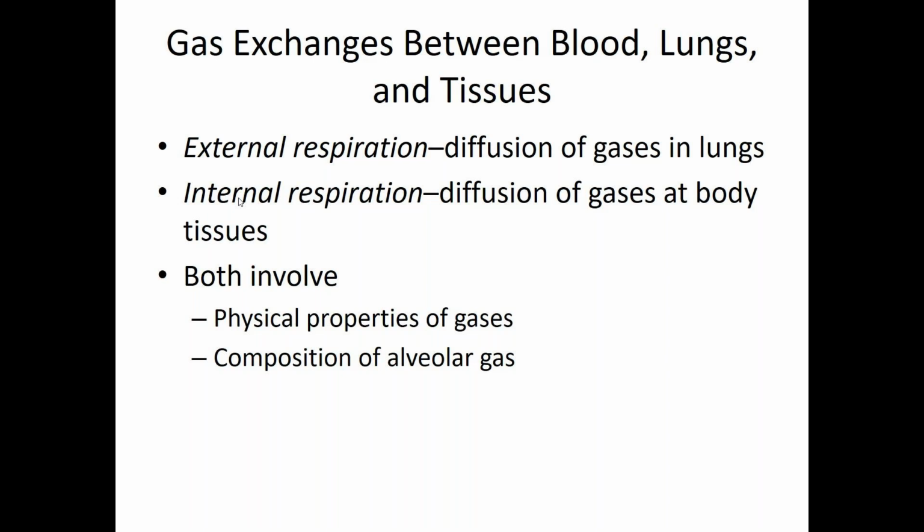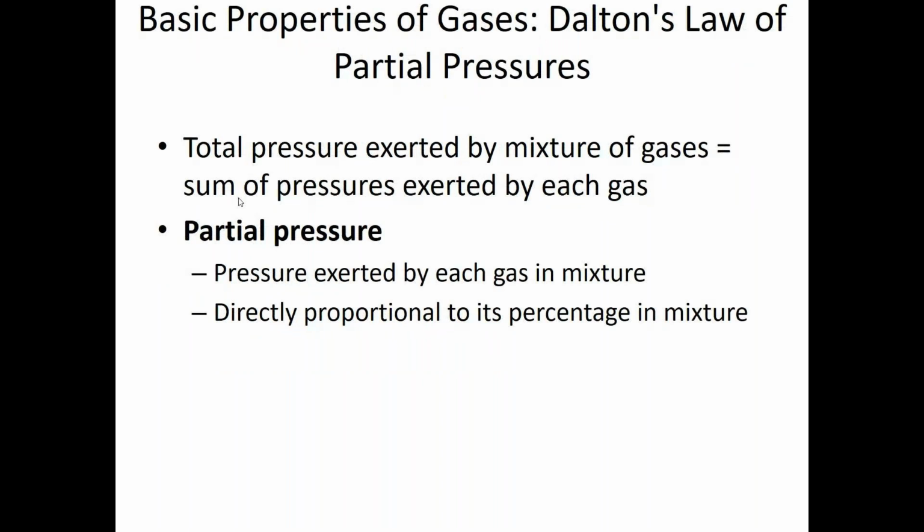They're both going to operate under the same basic set of principles, so there's not going to be anything new or wacky about internal versus external. They both do the same kinds of things. They're more or less reliant on the same set of properties.